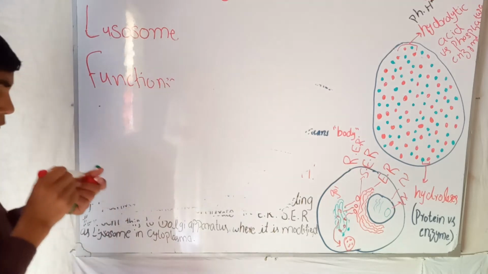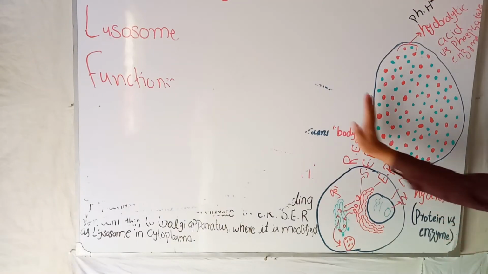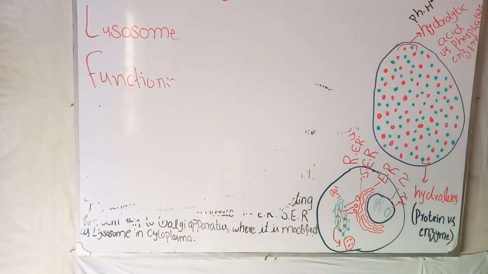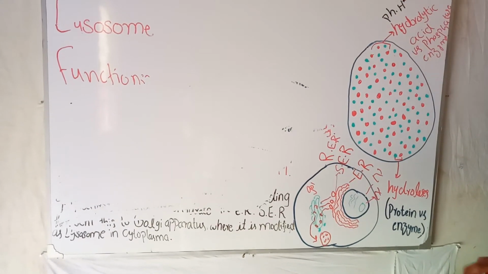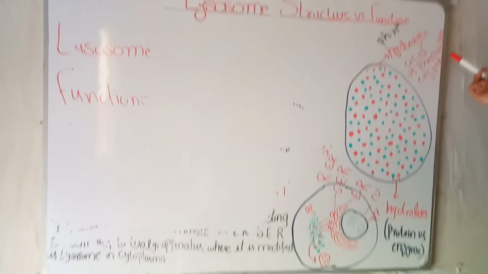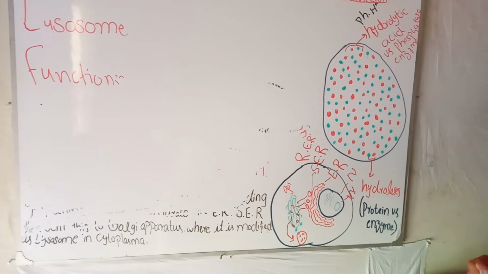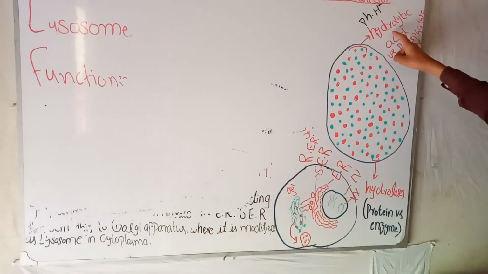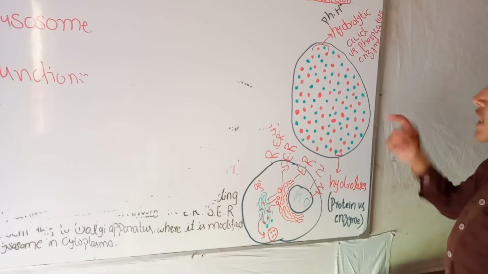If we talk about the function, we find two types of enzyme. One is the hydrolytic acid, and the second is the phosphatase enzyme, which are proteins and other enzymes. Actually, the hydrolytic acid is a type of acid which has a specific pH.